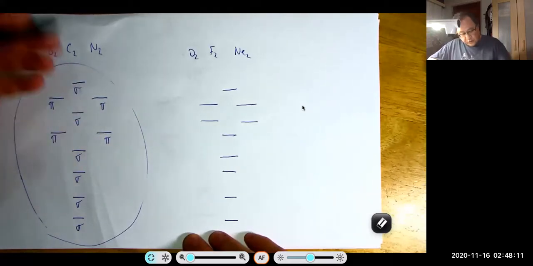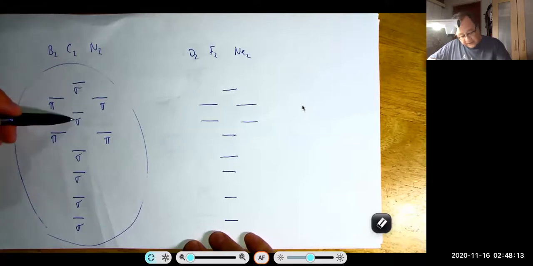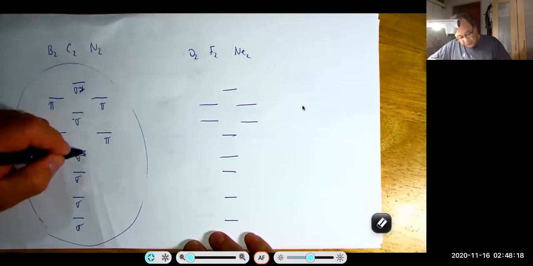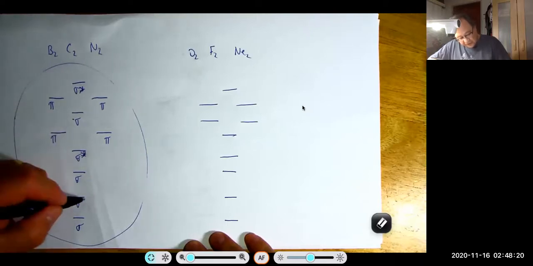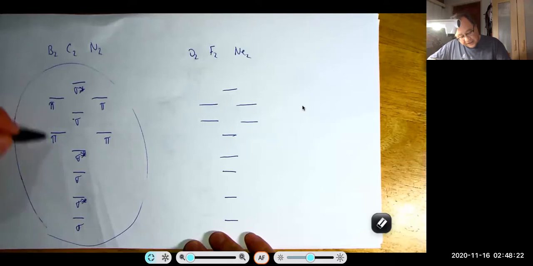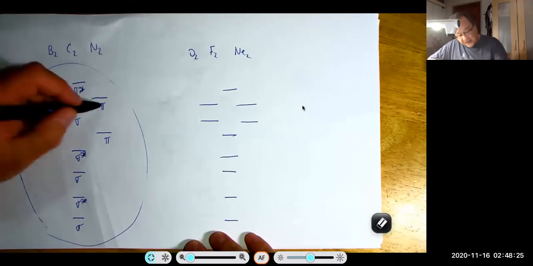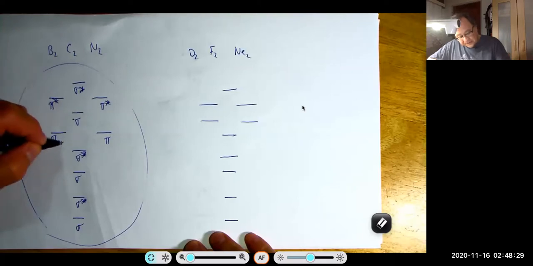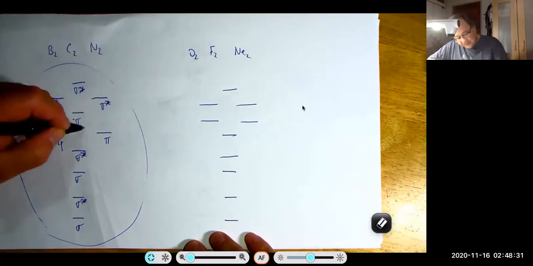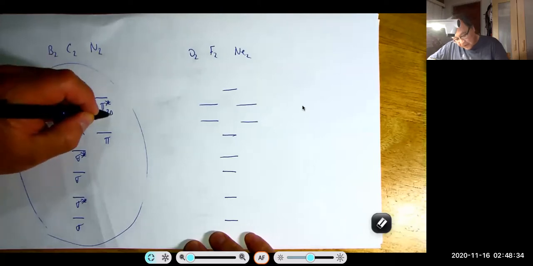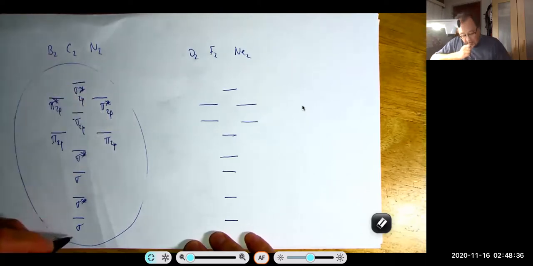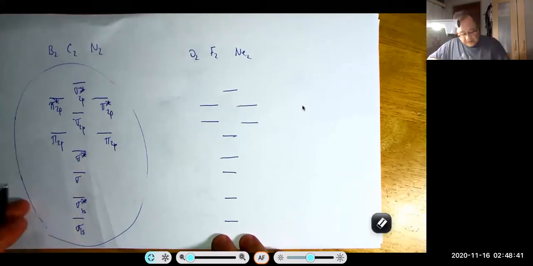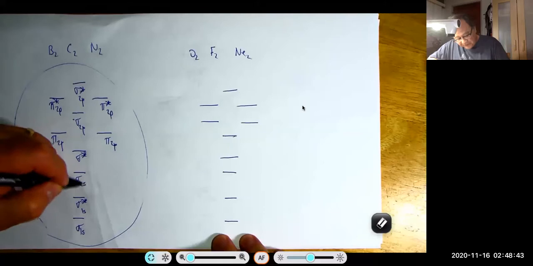Now, what do we know about this guy compared to that? It's a star. How about this guy compared to that? It's a star. What do we know about these 6? They're all 2p's. What do we know about these ones at the bottom? They're 1s's. So what do these guys in the middle have to be? They have to be 2s's.